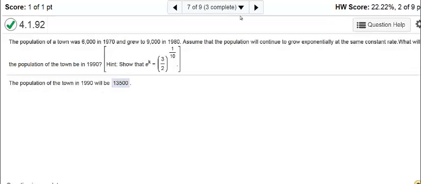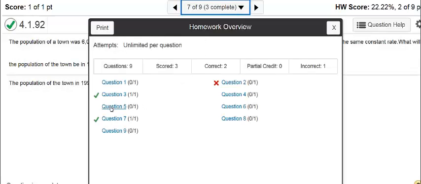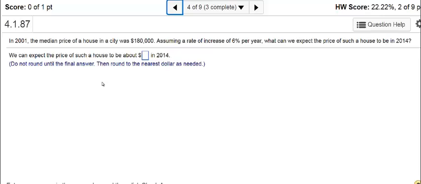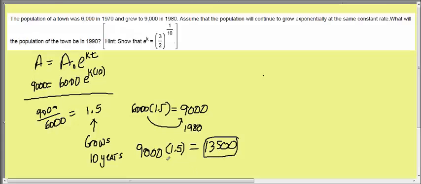So what this is actually using a principle of is another type of problem that I wanted to take a look at, which is in number 4. In 2001, the median price of a house is $180,000. Assume the rate of increase is 6% per year. What can we expect the price to be in 2014? So how is this related? Well, it's still going to be exponential growth.